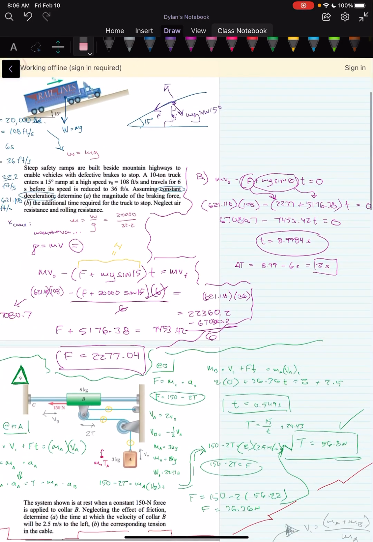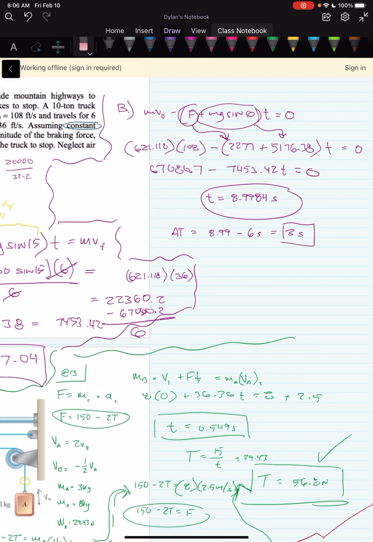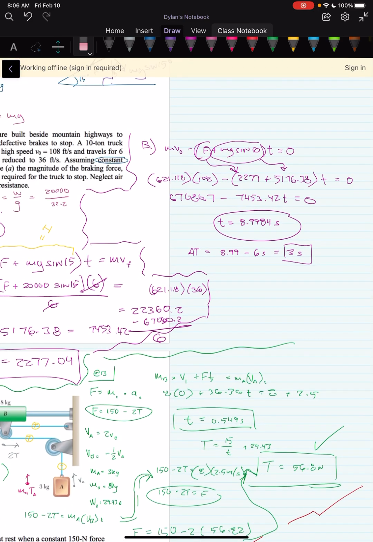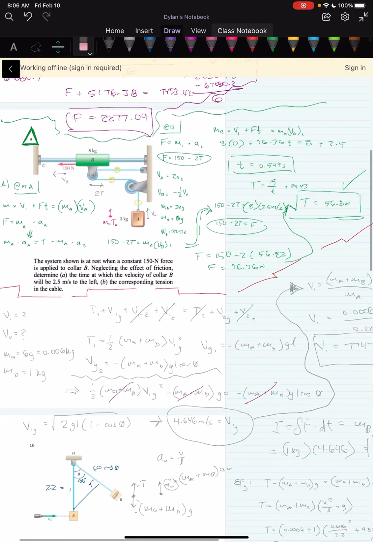And so since I knew my force, I just plugged it back into the equation and solved for t at position 2, without plugging in the 6 seconds. And I got my average was, or the change was 3 seconds.